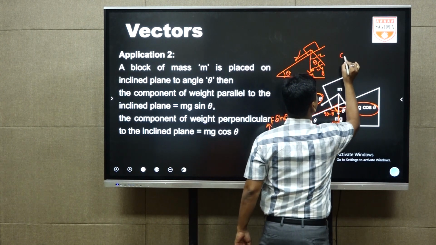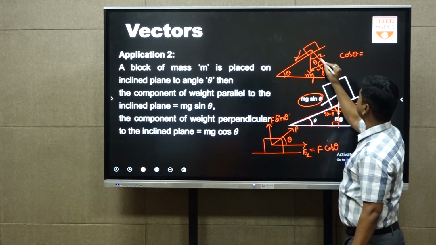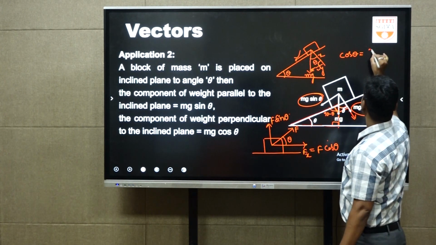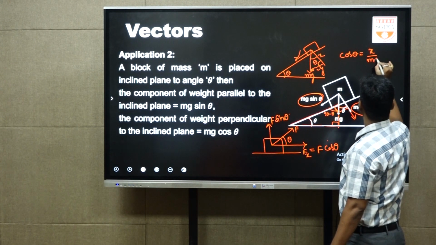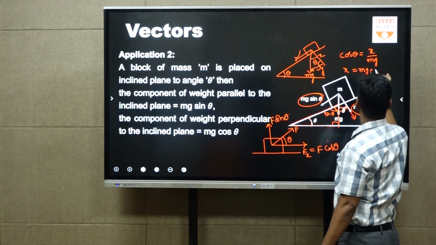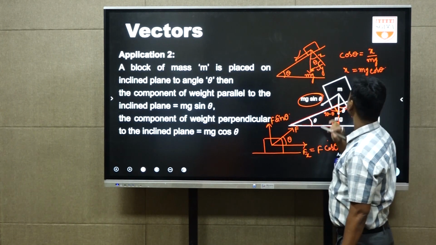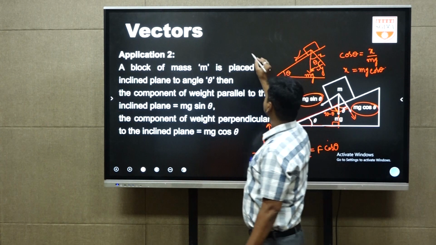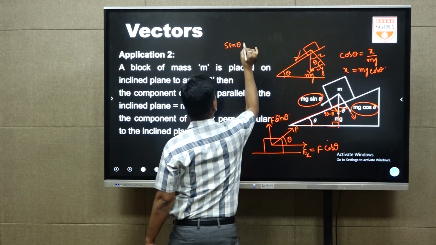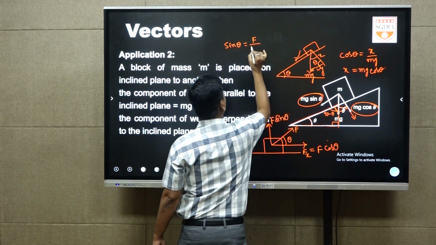Then cos theta equals adjacent upon hypotenuse. The hypotenuse value is mg, so cos theta equals x upon mg. There you write x equals mg cos theta. And the sine function: sine theta equals opposite by hypotenuse, which is f by mg.